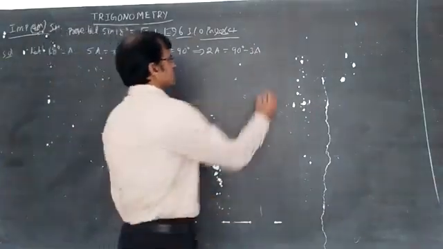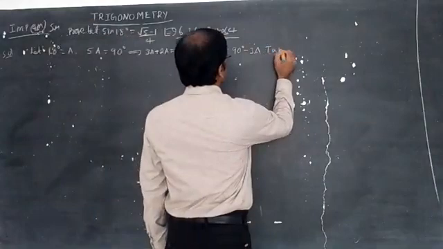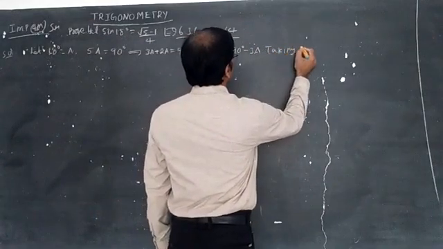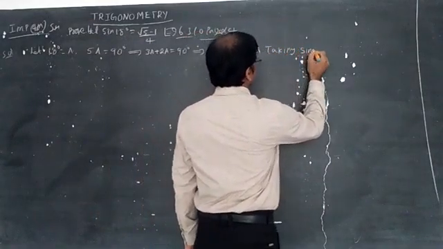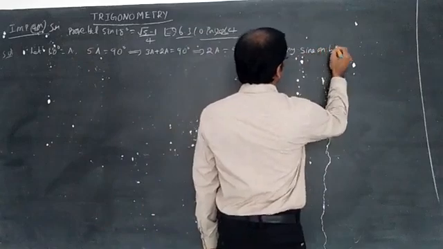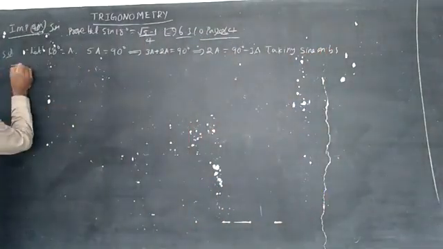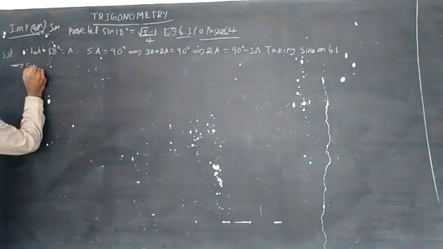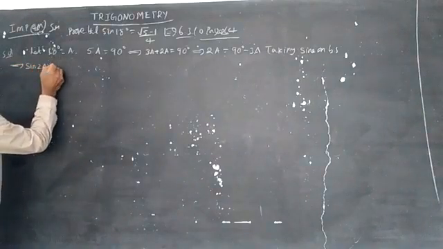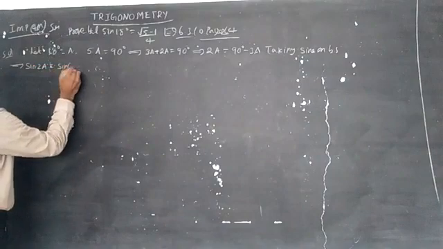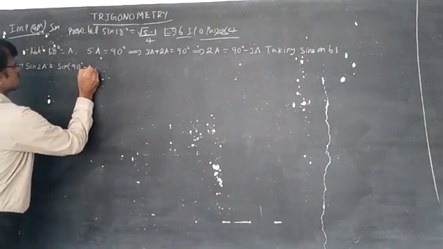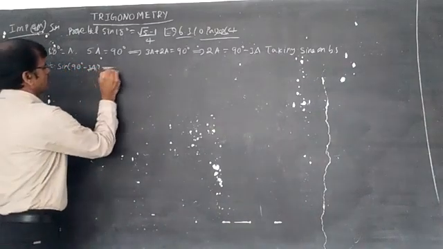90 minus 3A. Applying sine on both sides, taking the sine function on both sides. That implies sin 2A is equal to sin of 90 degrees minus 3A.